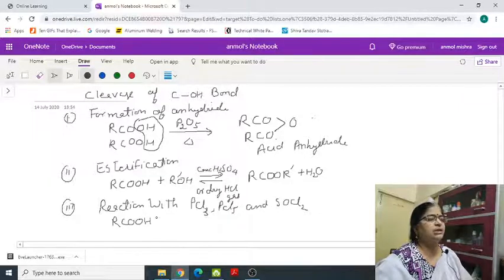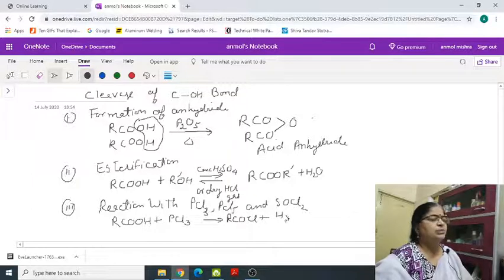RCOOH carboxylic acid plus PCl3, it forms RCOCl plus H3PO3, phosphorous acid.